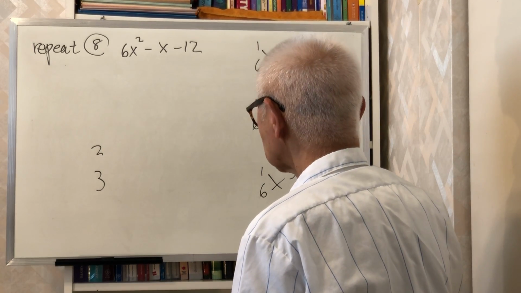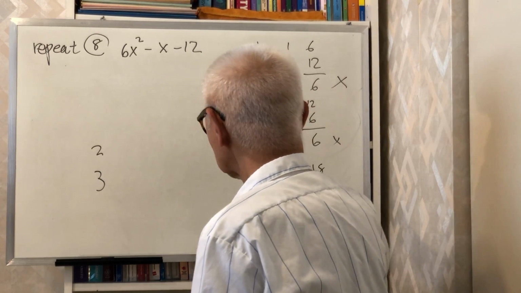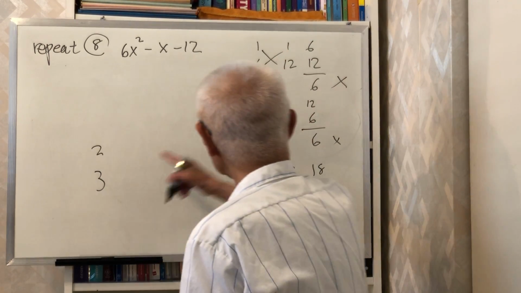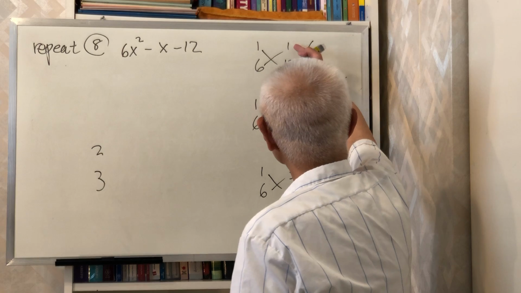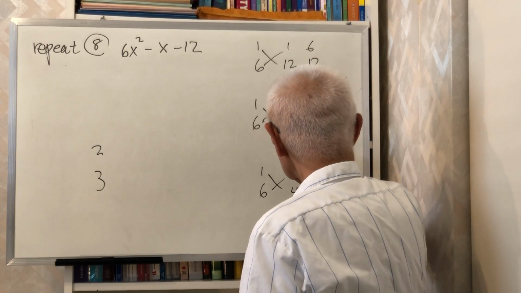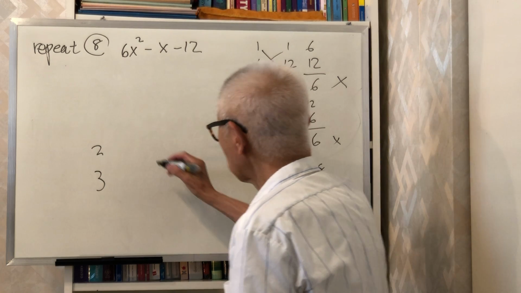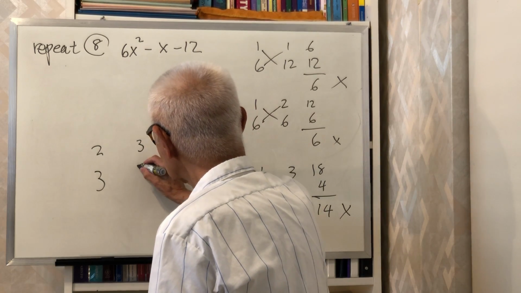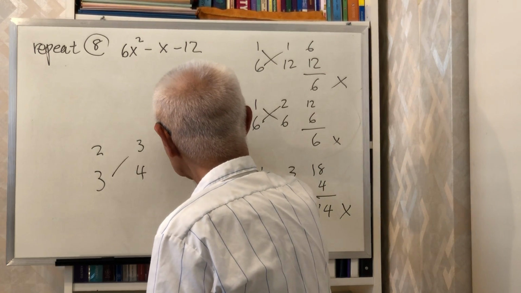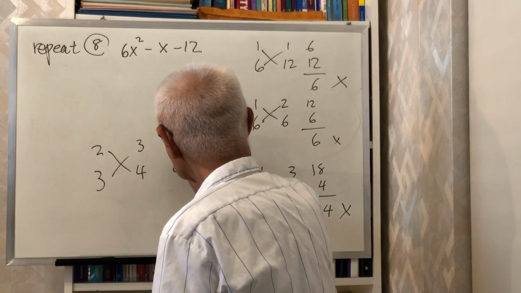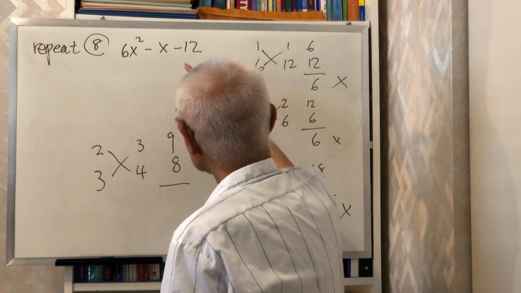And which one do I choose? 2 times 3. And for 12, I have 1 times 12, 2 times 6, 3 times 4. I choose 3 times 4. This is 9. This is 8. Subtract, I get 1.